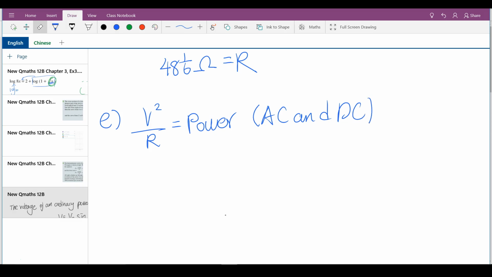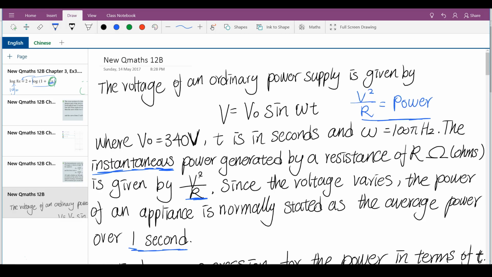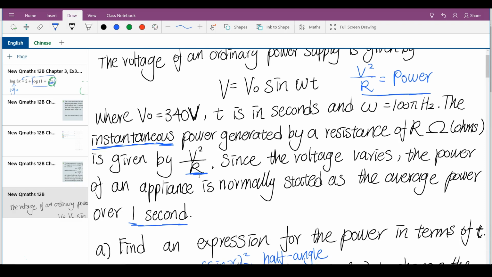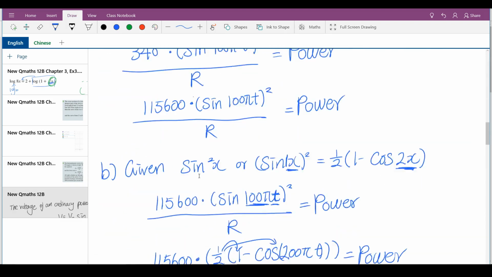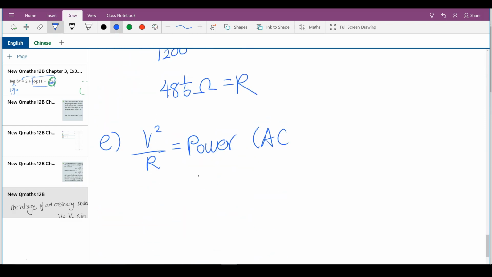No, wait, this goes for AC actually. Is it? Hold on. Okay, the instantaneous power generated by resistance R is given by this, so it should apply to both AC and DC.